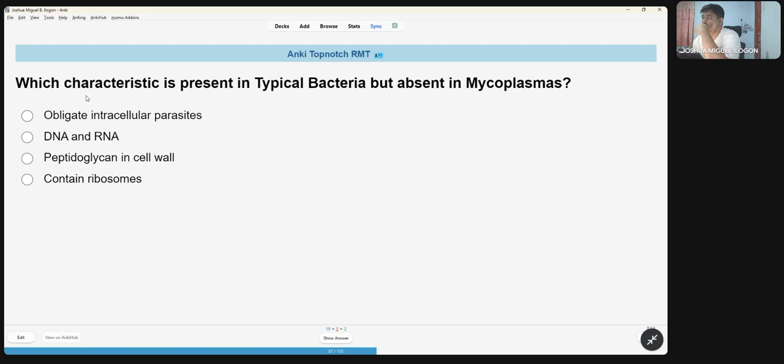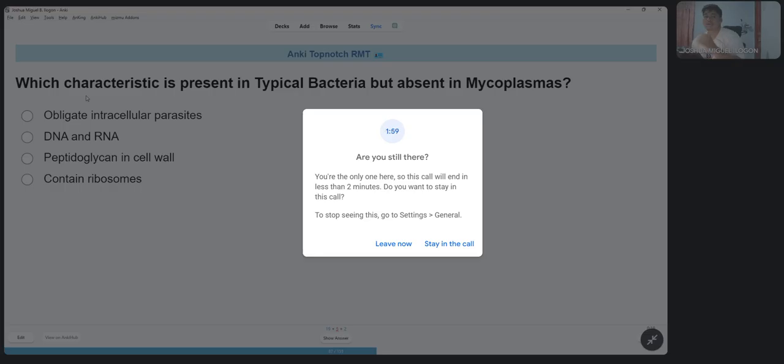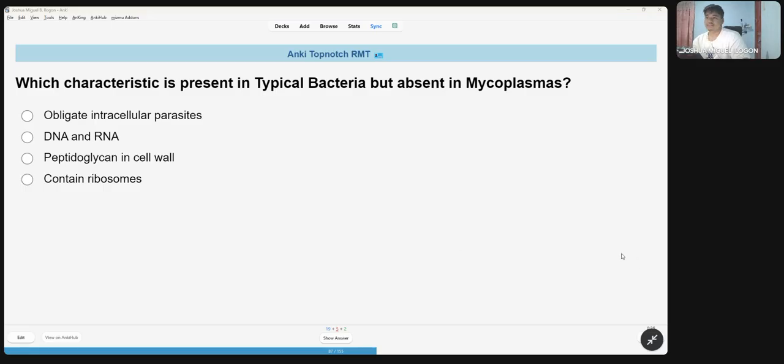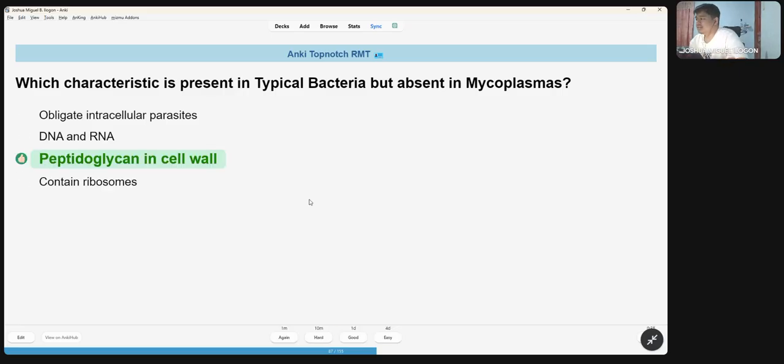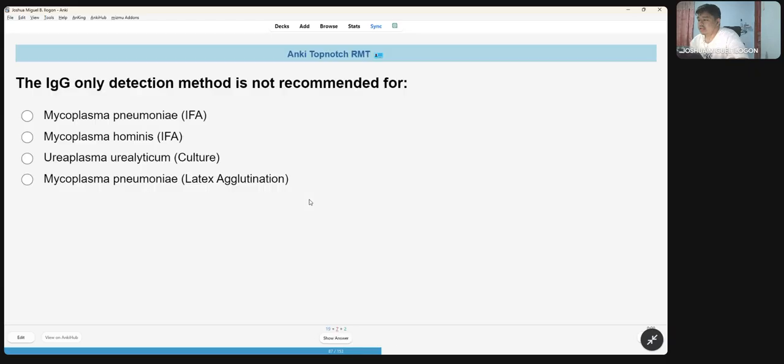Present in typical bacteria, absent in Mycoplasmas. This is the peptidoglycan. Yeah.